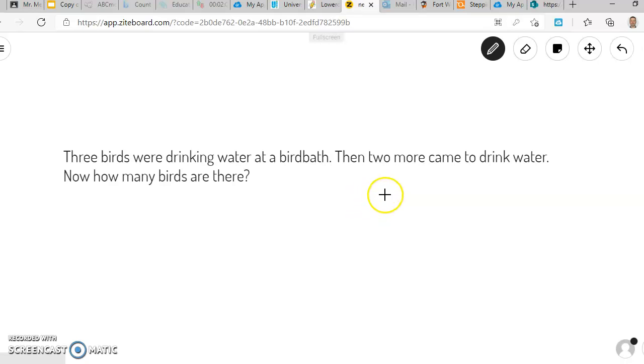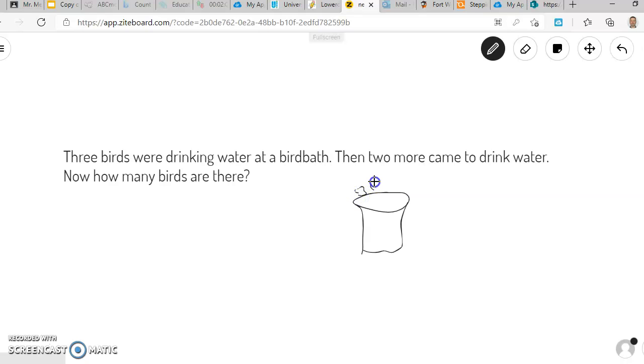Now, bird bath is kind of an older thing, and you may not see these a lot around lately, but it's kind of like an oval. And then we can just draw a line here and here. This doesn't exactly look like a bird bath, but something like that. And so it says 3 birds were drinking water at a bird bath. So now we need to start with 3.